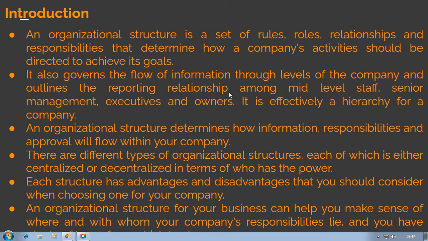Students, an organizational structure determines how information, responsibilities and approval will flow within your company, because the structure determines the responsibilities and authorities. Depending on the amount of authority one has at his or her post, he or she will approve or not approve certain things.